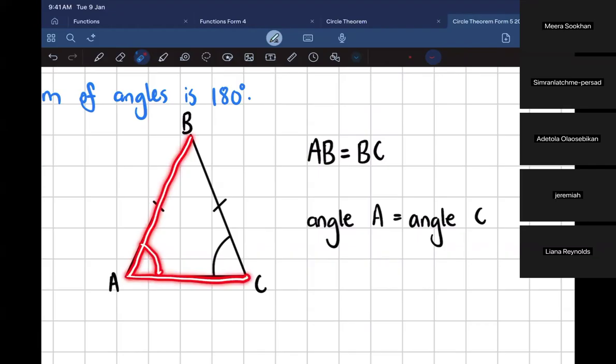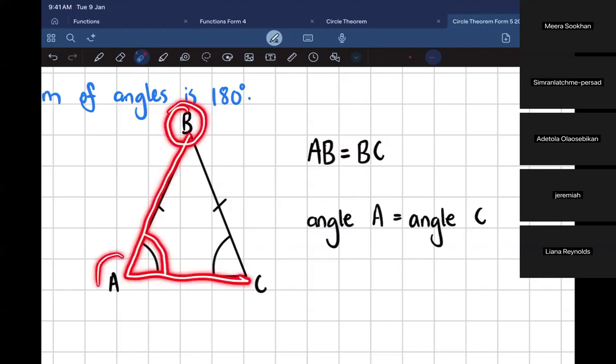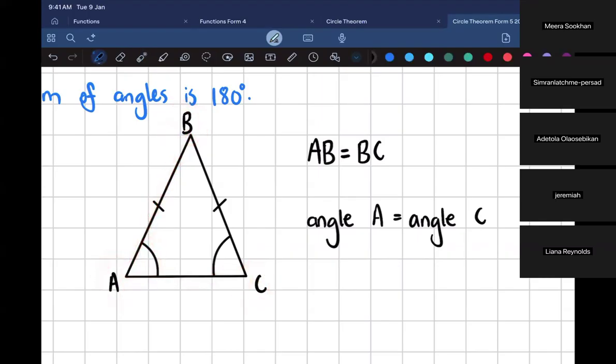Wouldn't angle A be in between this side and this side? Yeah. So if it's in between those two sides, then I would say B, A, C. And that would be angle A. You want me to go over it one more time? No, you understand. All right, no problem.